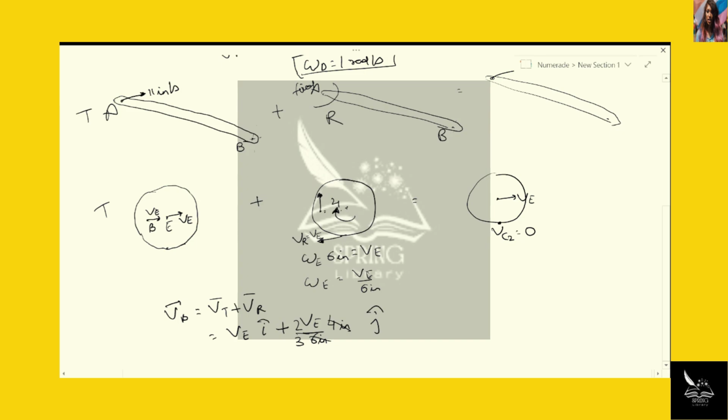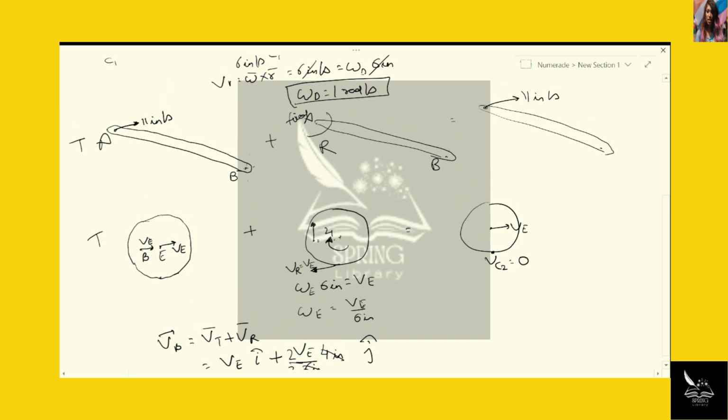This is the net velocity. Since we are assuming the motion by keeping A fixed in the rotational motion in this part, we can assume that B also shares this velocity, which is the translational velocity, by the definition of a rigid body, 11 inches per second. And then we can assume some omega here. Since the net velocity of B has both i and j components, and the i component is bigger than the j component, although that information is not really required, the velocity will point something like this, leaning more towards horizontal.